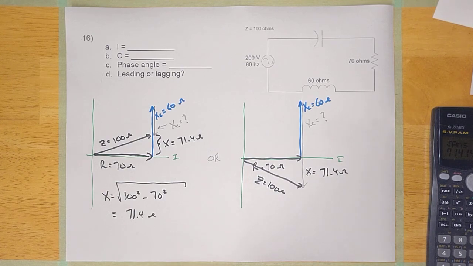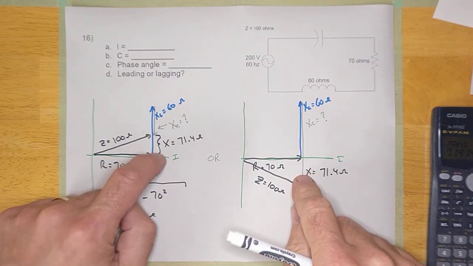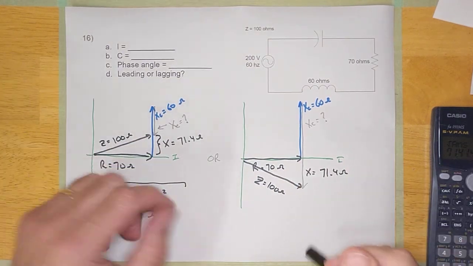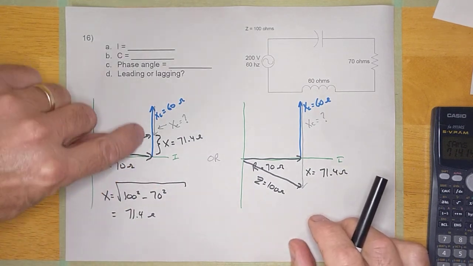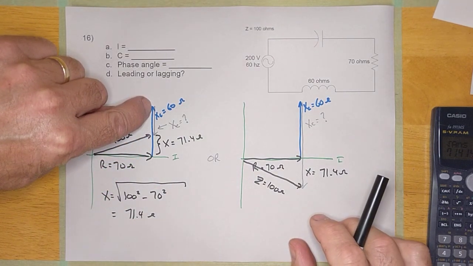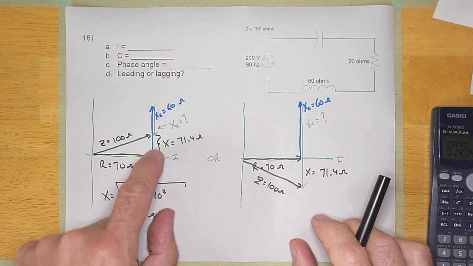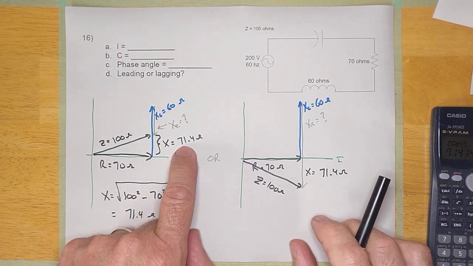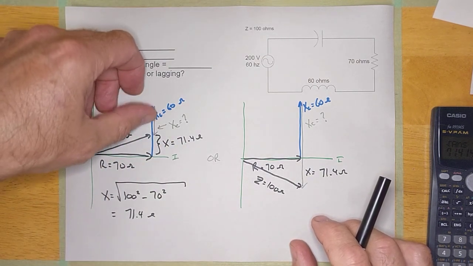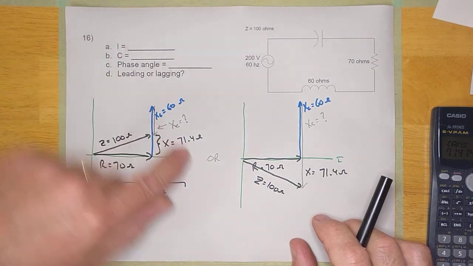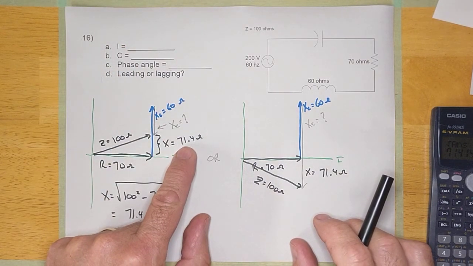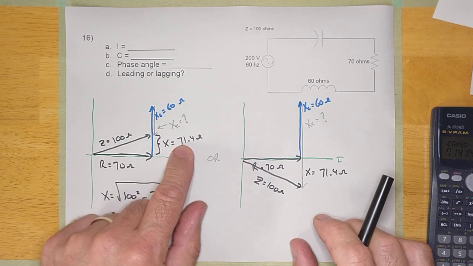Now, if you look at these two possibilities, there's only one that makes sense, because look, this blue line is 60. And supposedly this little bit of it here is 71.4. There's no way I can subtract something from 60 and get 71. I mean, no positive number at least, right?